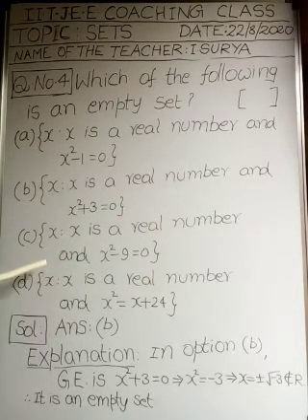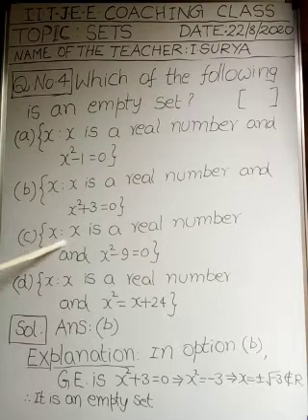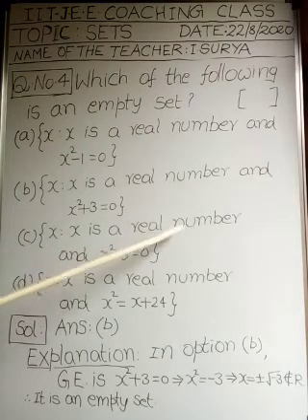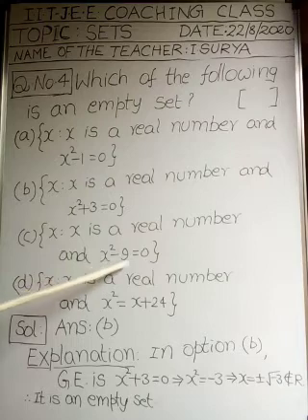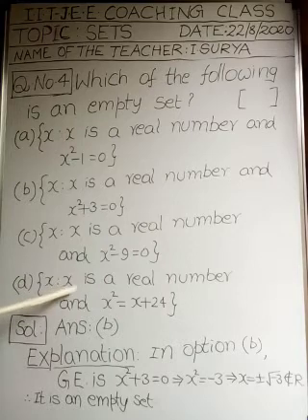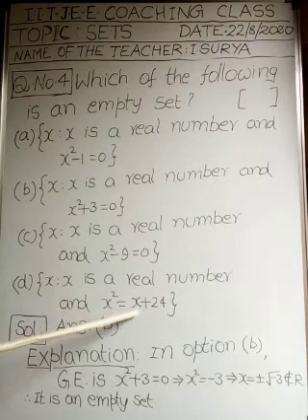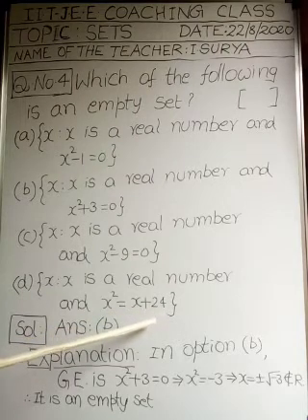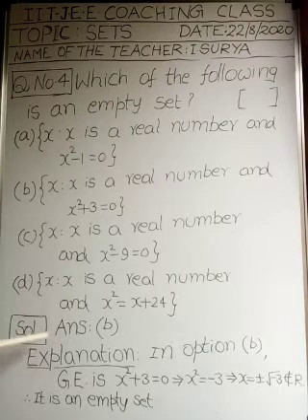Third option, set of all x such that x is a real number and x square minus 9 is equal to 0. And fourth option, set of all x such that x is a real number and x square is equal to x plus 24. Okay, my children. Now come to the solution part.